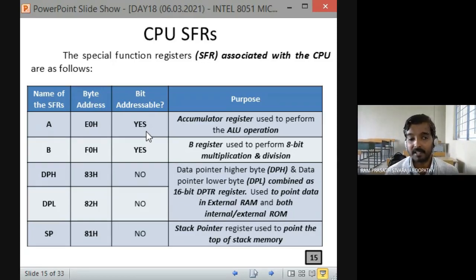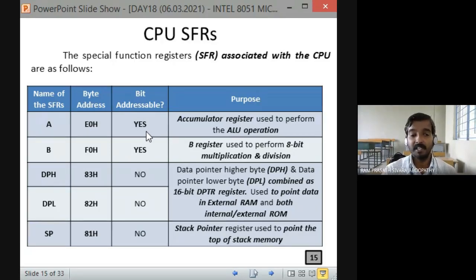Bit addressable means without affecting any other bit in the whole byte, you can set or clear a single bit. The accumulator is an 8-bit register, correct? If you ask whether we can set or clear just one bit in it, yes, it is possible.